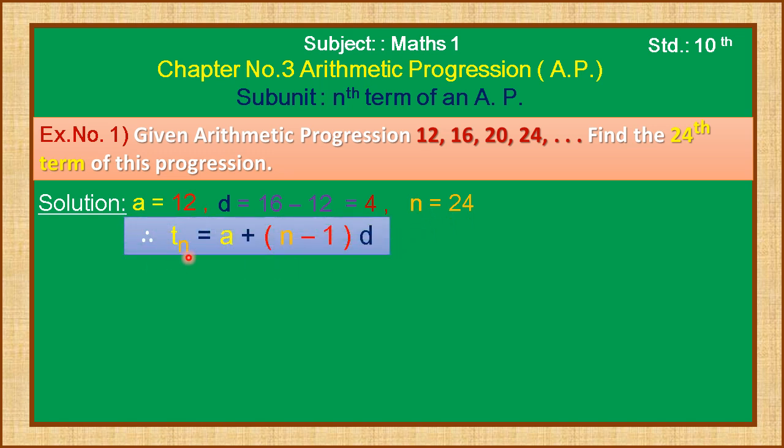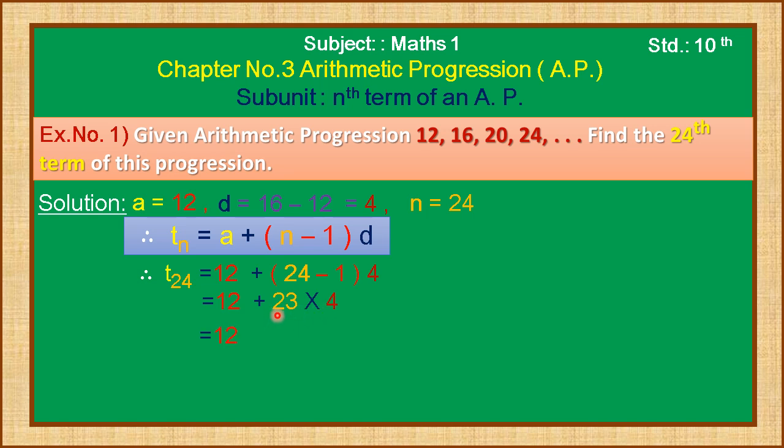The formula is Tn equals A plus (N minus 1) into D. Now put the values. T24 equals the value of A, 12, plus (24 minus 1) into 4. In the next step, 12 plus the subtraction 24 minus 1, which is 23, into 4.